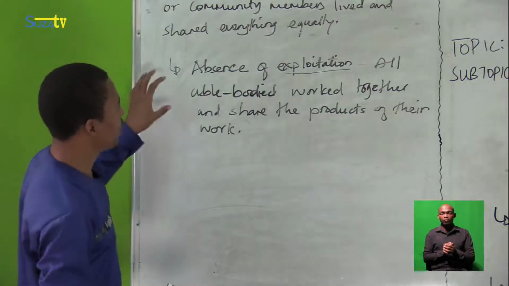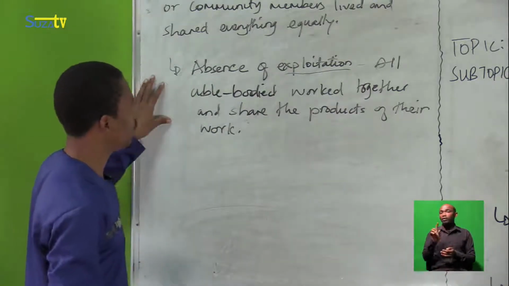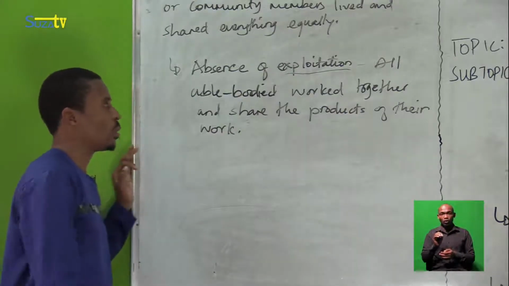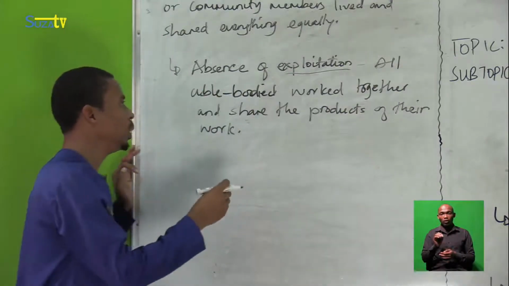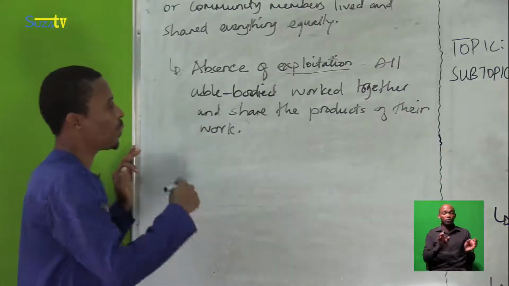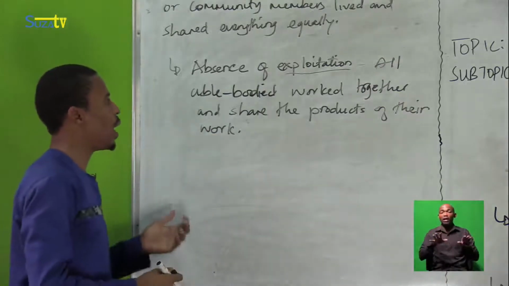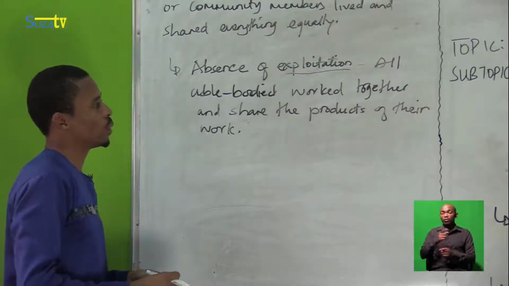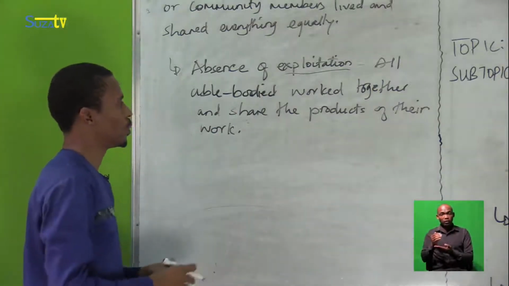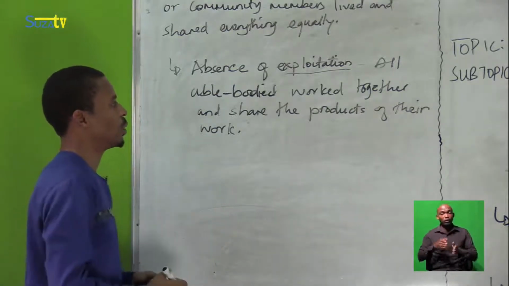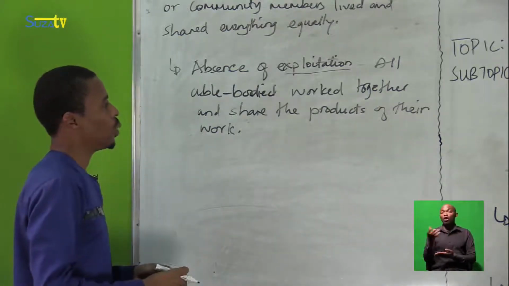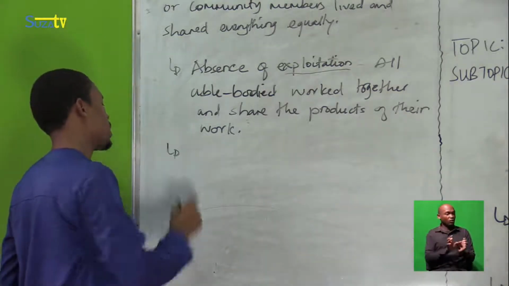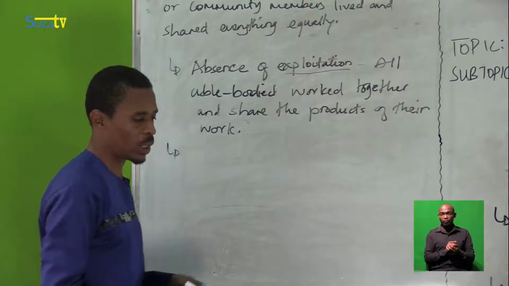So, during primitive communalism, there was no exploitation. If a person was able to work or supply his power in production, he did so, and what was collected in terms of products or goods was shared by all community members. That's why we say absence of exploitation.